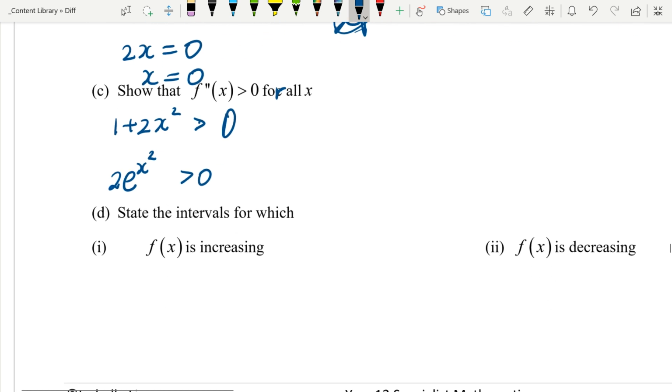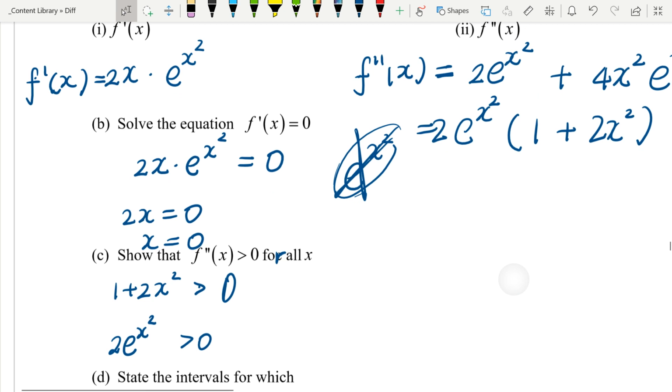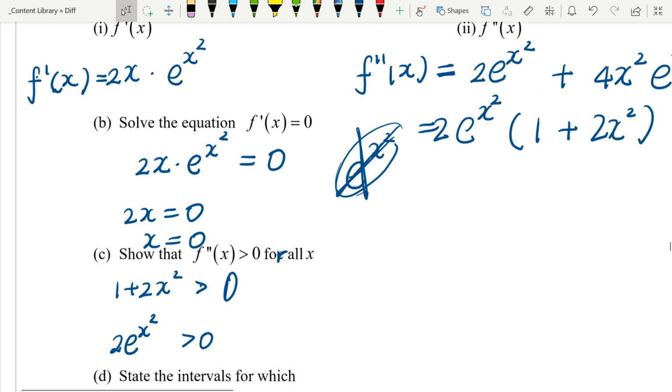Okay, state the intervals for which f(x) is increasing. So which part of the graph is increasing? Increasing or decreasing, you still need to go back to the first derivative to look at it. The second derivative doesn't tell you increasing or decreasing, it only tells you concave up or concave down.